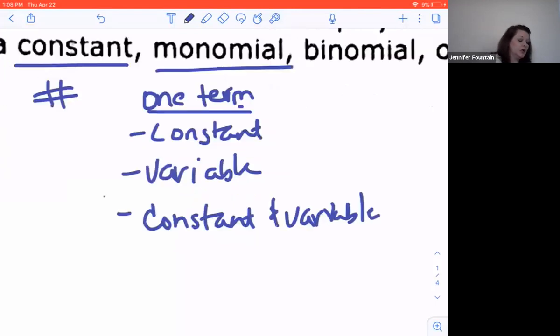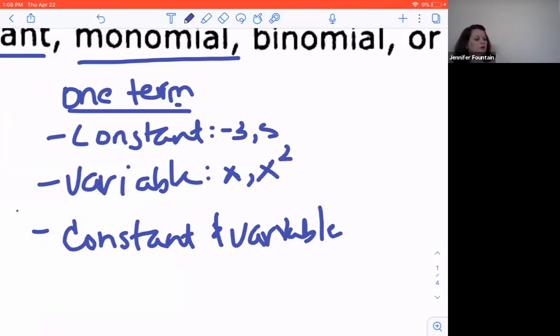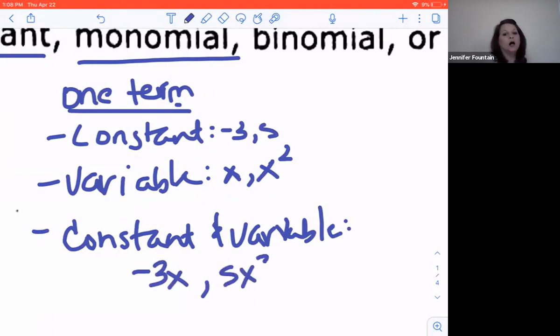So when I say it's a constant, some examples would be -3 or 5. A variable could be x or x squared. A constant and a variable could be -3x, or 5x squared. All of these are examples of a monomial.